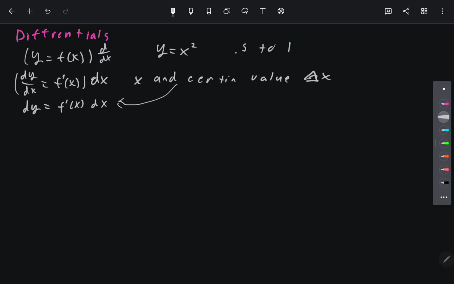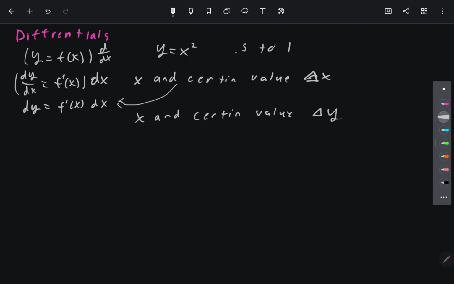However, if we are given a value x and a certain change in y, we can also figure out how much of a dx we need for that change to occur.